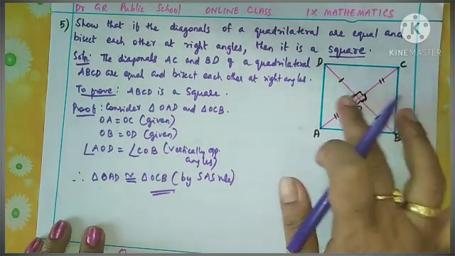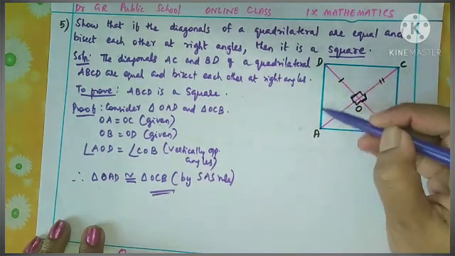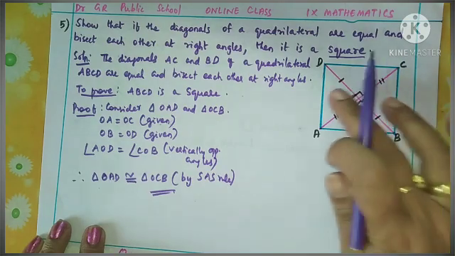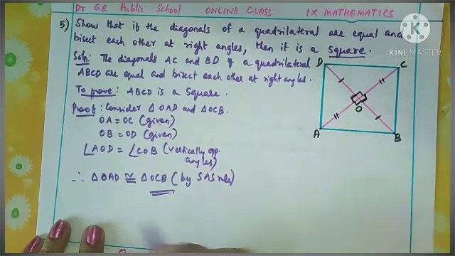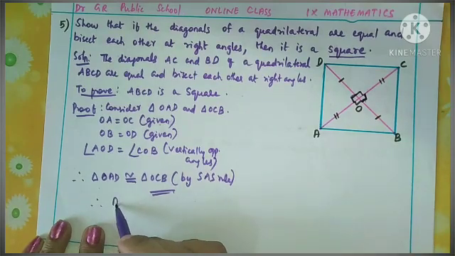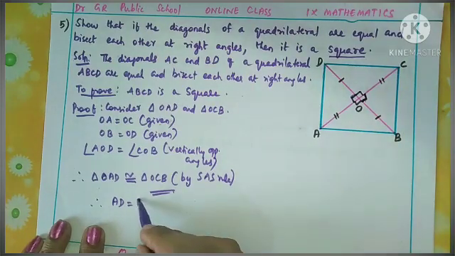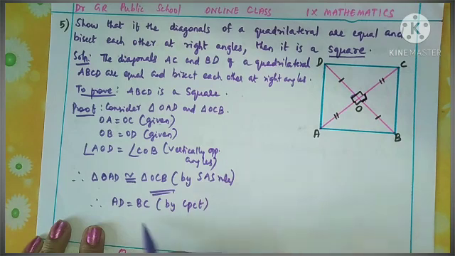So when these two triangles are congruent, can you say AD is equal to BC? Yes, because they are corresponding parts of congruent triangles. Understand? So we got these two sides equal: AD equal to BC by CPCT.